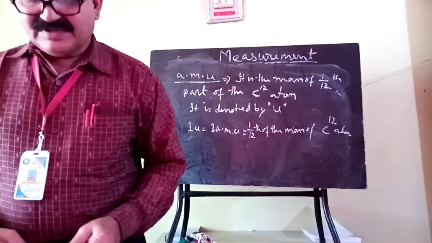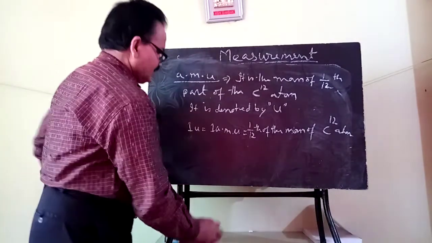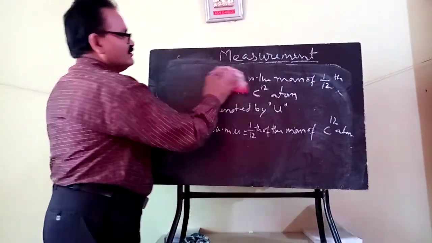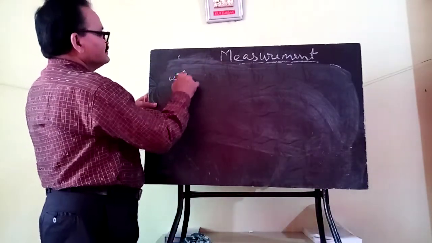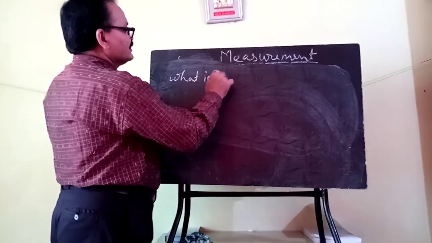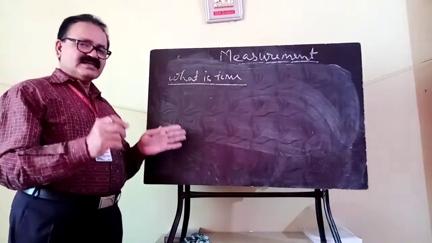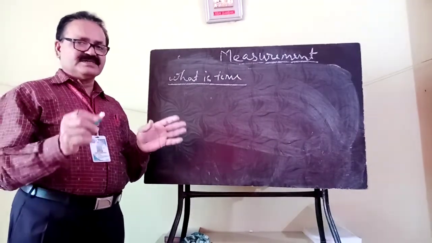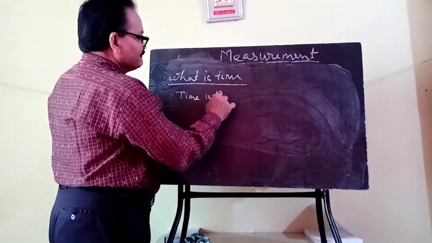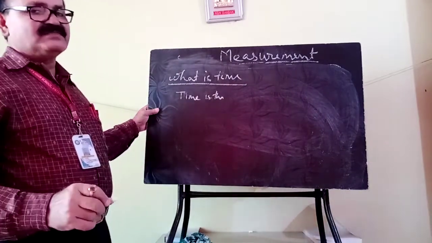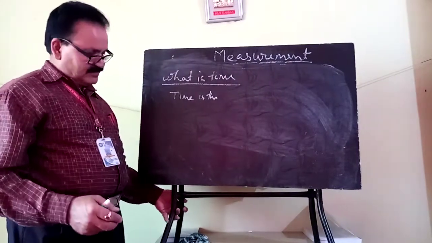Now we will discuss time. What is time? Time is the interval between two consecutive repeated events. There are various definitions given by various fields. In English literature, they have a different meaning of time.